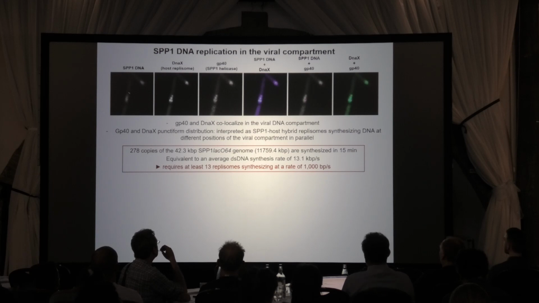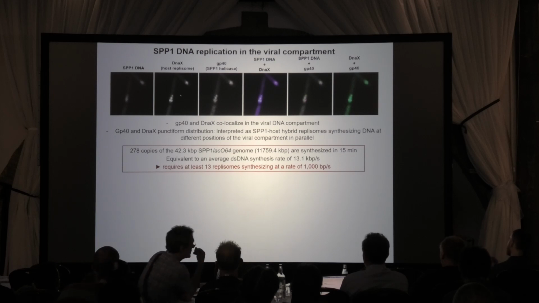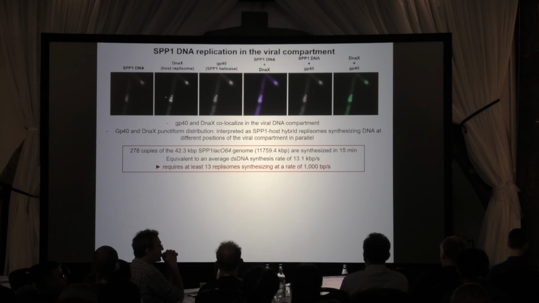And the experiment is that when you see in this example the DNA compartment, this is rather homogeneous, where you can label the specific phage DNA, but you get a punctiform distribution here of both DnaX protein, which is part of a complex that loads the clamp to the DNA for replication.